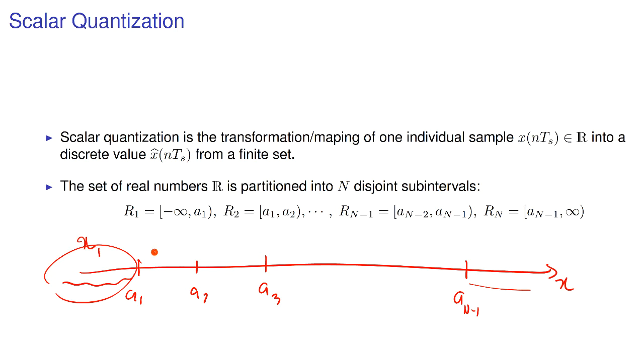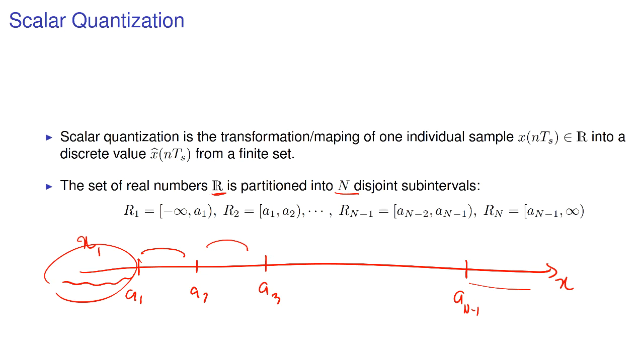You quantize the next interval to another value, and so you will have n intervals in total. So you have to partition the set of real numbers into n disjoint sub-intervals. You break down your set of values into intervals. The first interval will have one value, the second interval the second value, and so on.